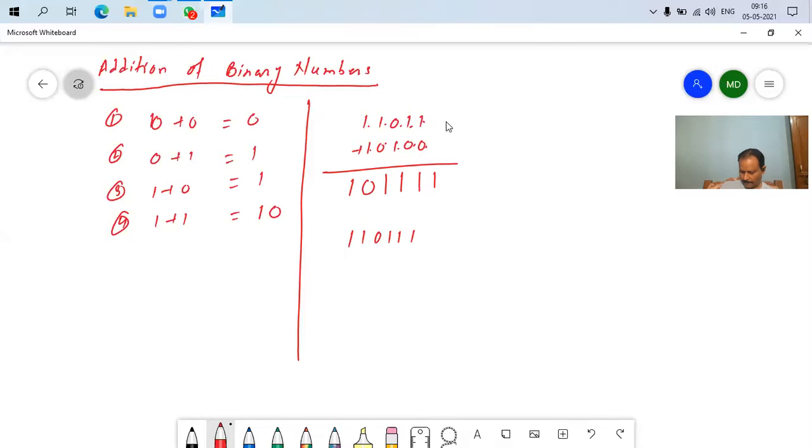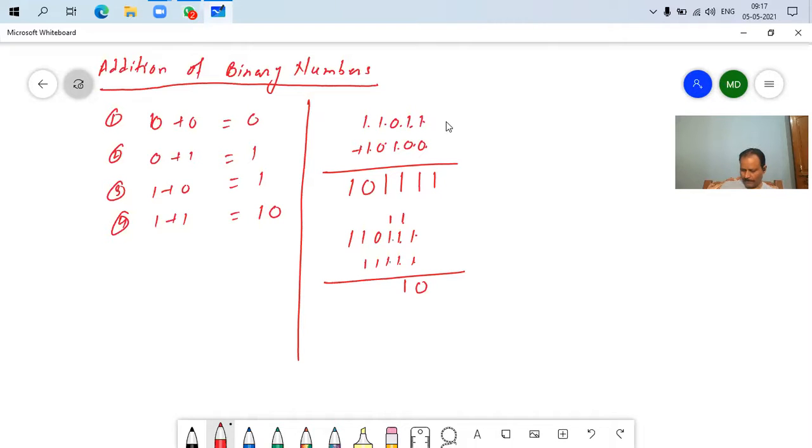Now we add. So 1 plus 1, it is 10. So 0 of 10 and the remainder is 1. 1 plus 1, 10. 10 plus 1, 11. Now it is 1 and the remainder is 1 again.